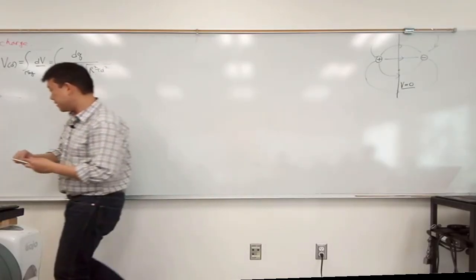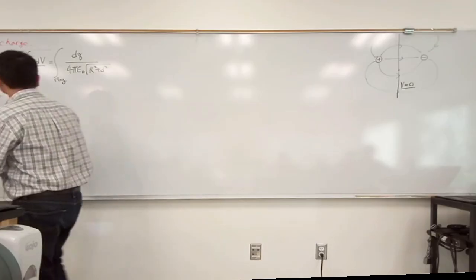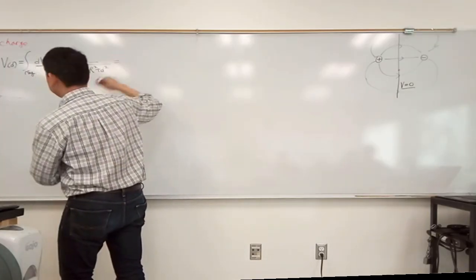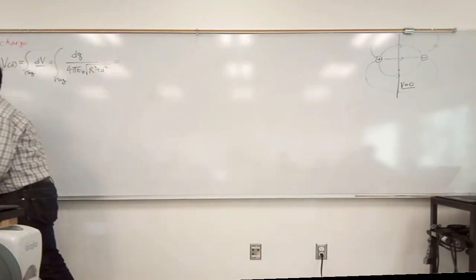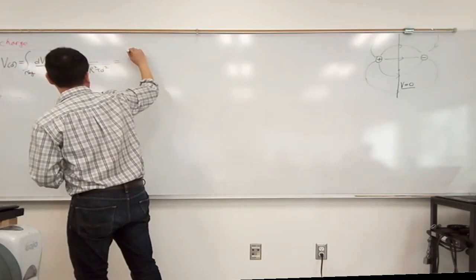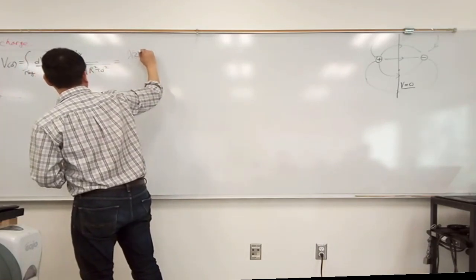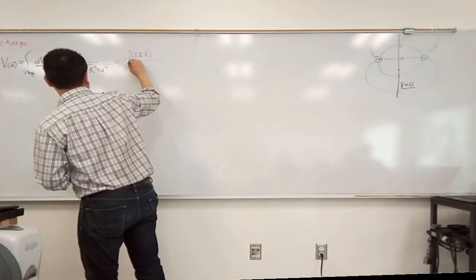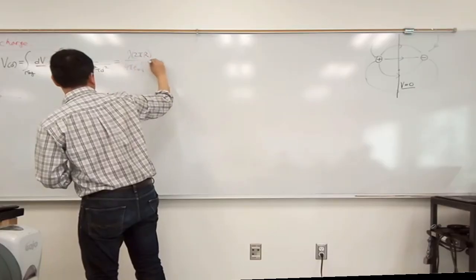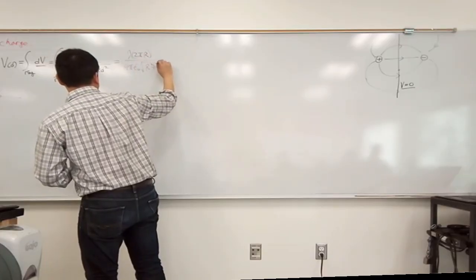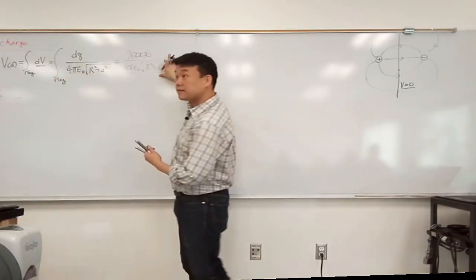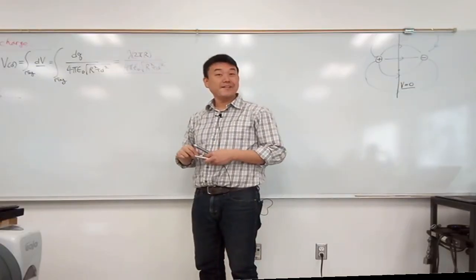So if you are thinking that this whole thing is equal to the total amount of charge, lambda 2 pi r, divided by 4 pi epsilon naught square root of r squared plus d squared, yeah, that's actually the answer.